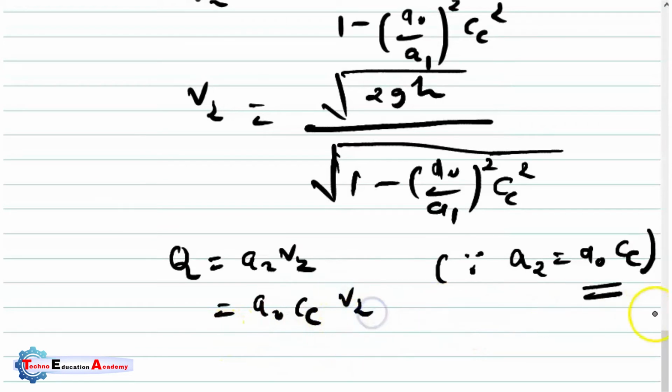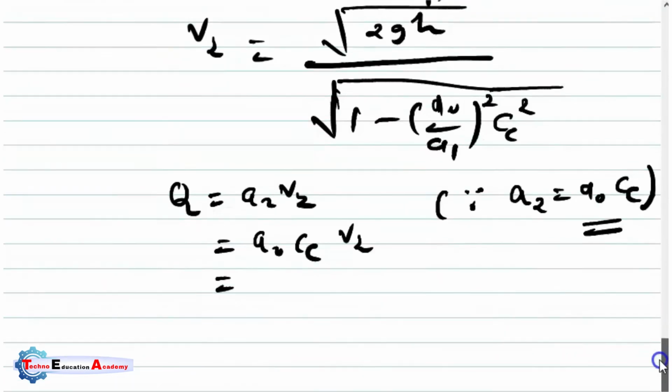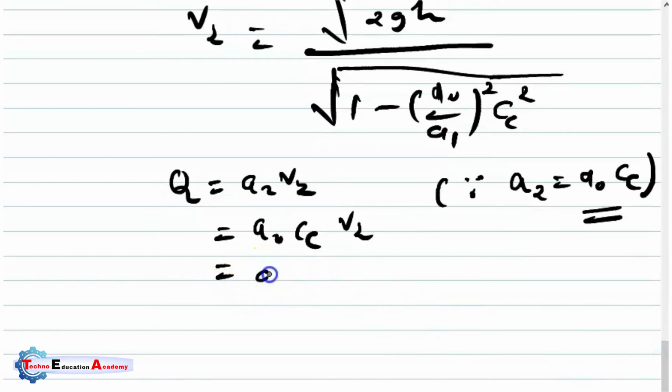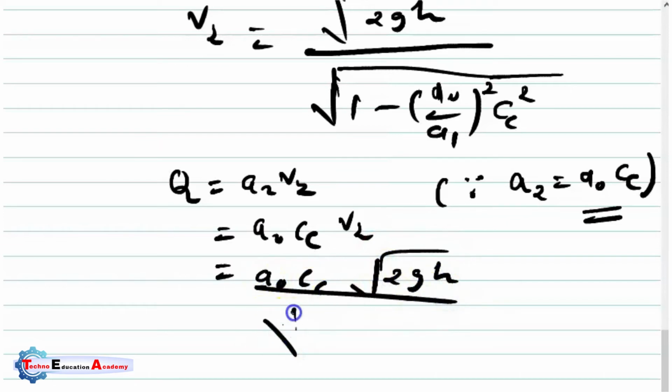So put the value of V2 in this equation. So we get the discharge equation Q is equal to A0 Cc under root 2gh divided by under root 1 minus (A0 by A1) square.